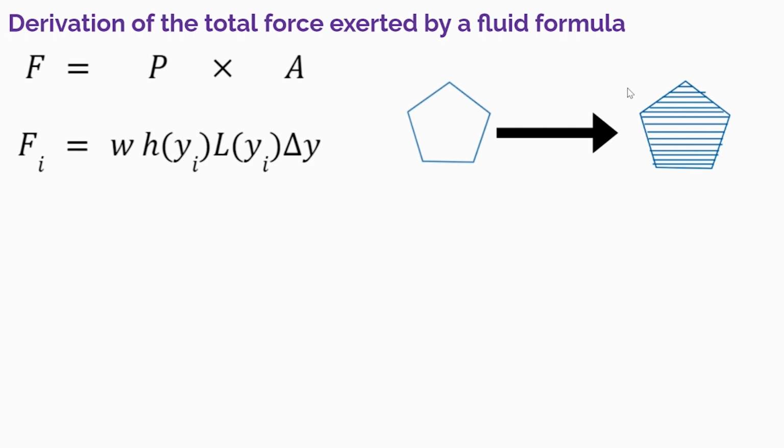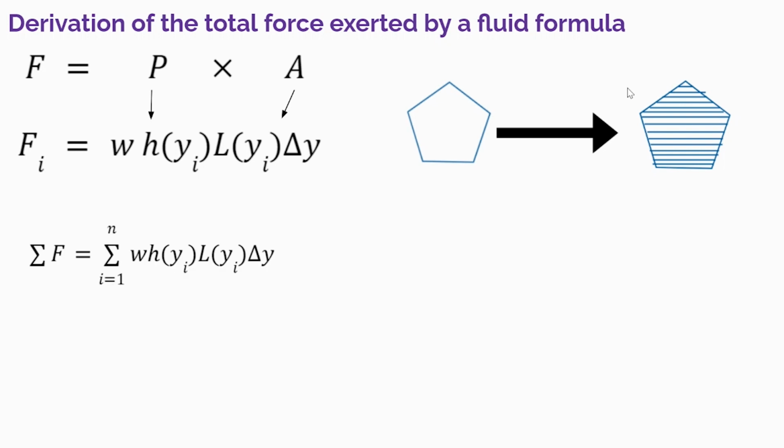And here, h of y sub i is just the depth of that one rectangle, and L of y sub i is the length of that rectangle, and delta y is just the thickness or the width of that rectangle. And notice how W times h of y sub i corresponds to P, or the pressure, and L of y sub i times delta y corresponds to the area.